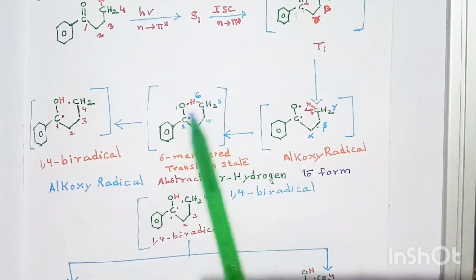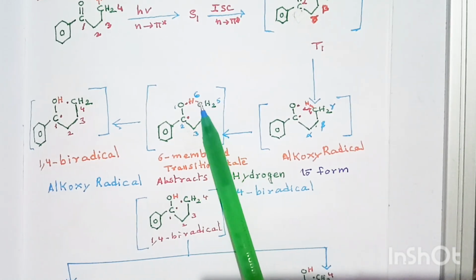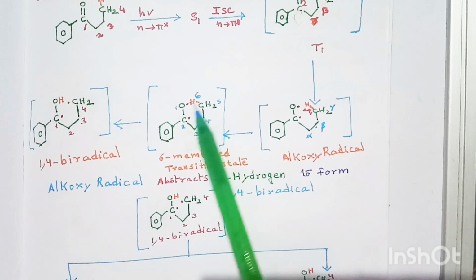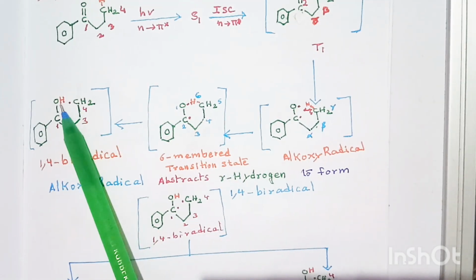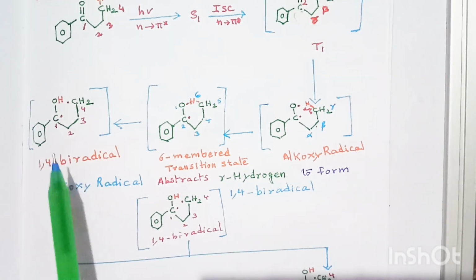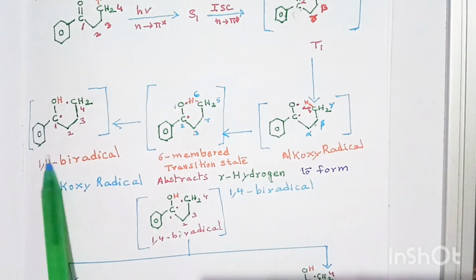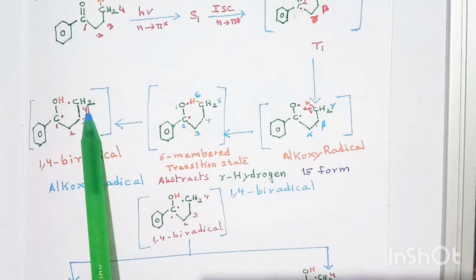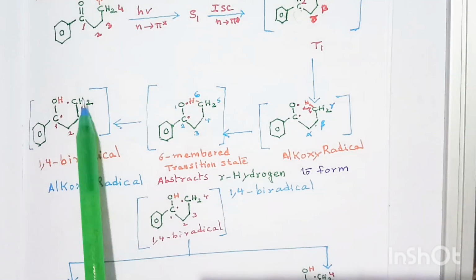This 6-member transition state will form a 1,4 biradical. The bond between gamma carbon and gamma hydrogen is cleaved totally and the hydrogen gets attached to the oxygen radical. So we get a 1,4 biradical. This is the first radical, this is the fourth radical: 1, 2, 3, 4.